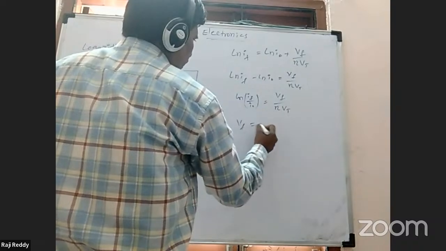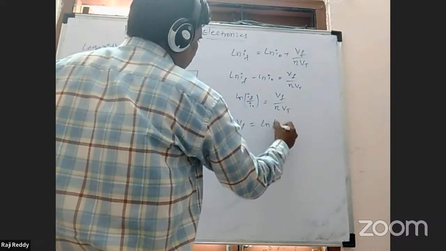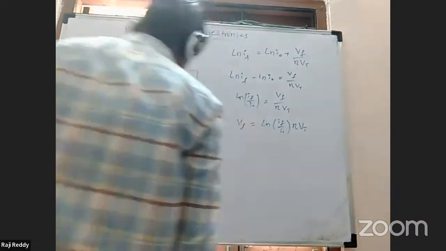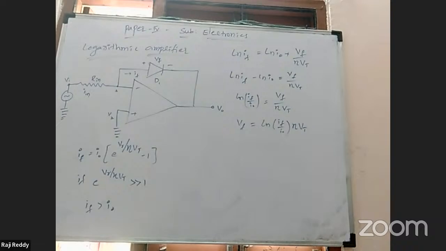From that, VF is equal to ln IF by I naught into eta VT. That is called the voltage across the feedback diode condition.